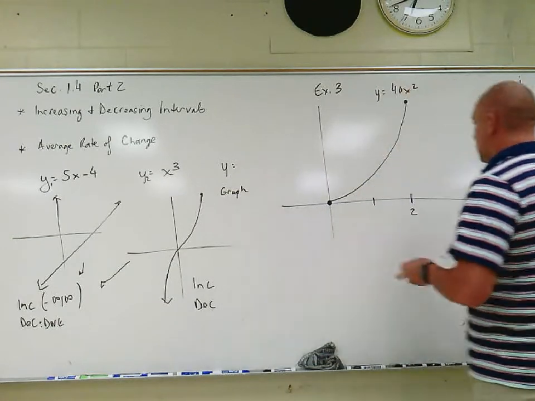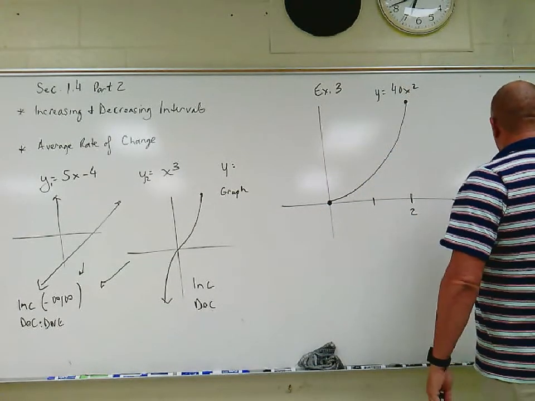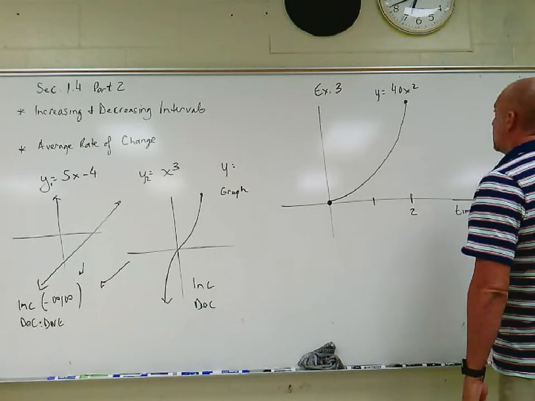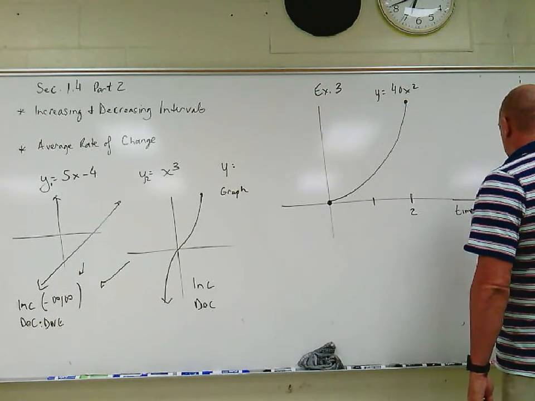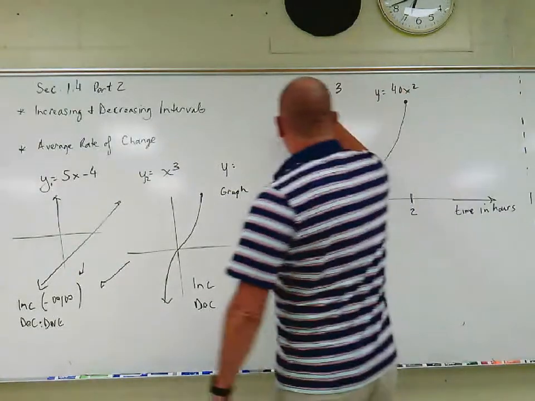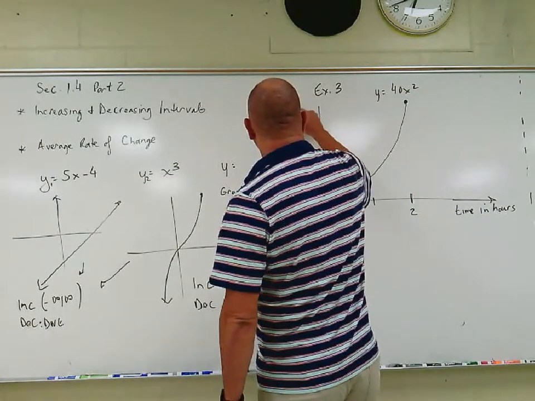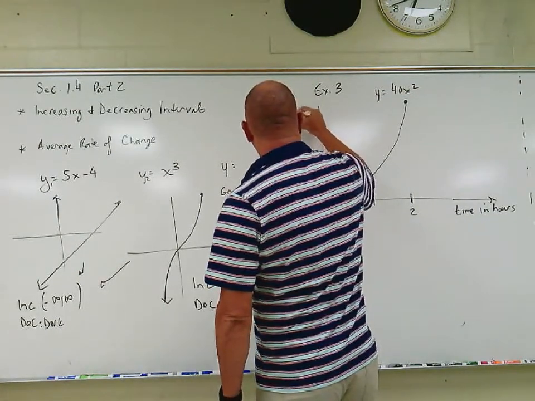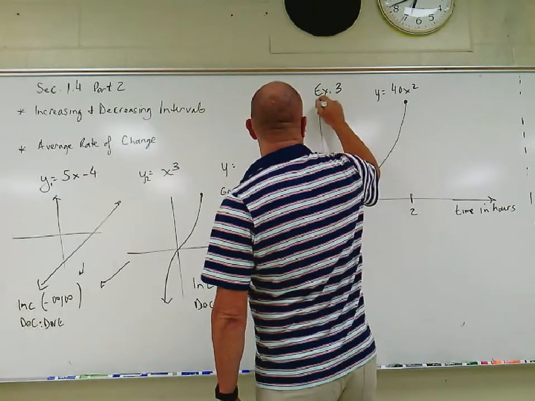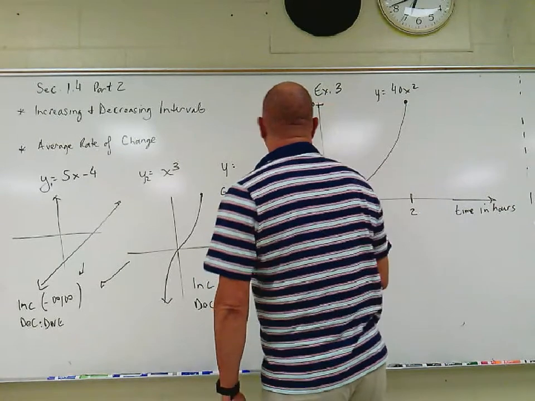I'll explain what this time is. The horizontal axis is time in hours. So X stands for time in hours. And the vertical axis, Y, stands for miles driven. And this point up here is at 160.